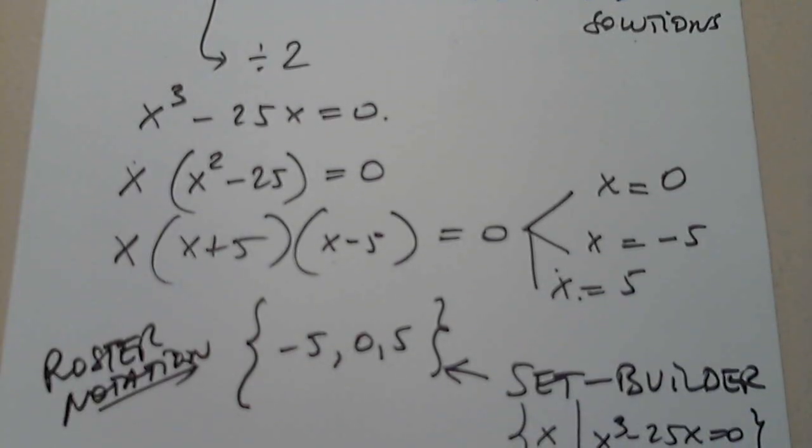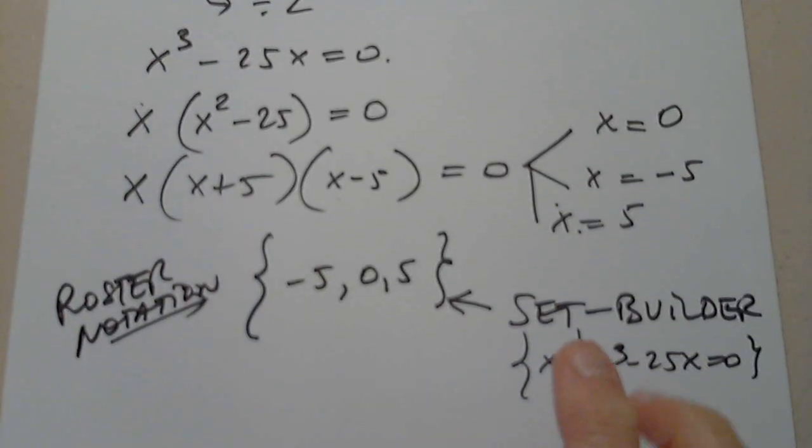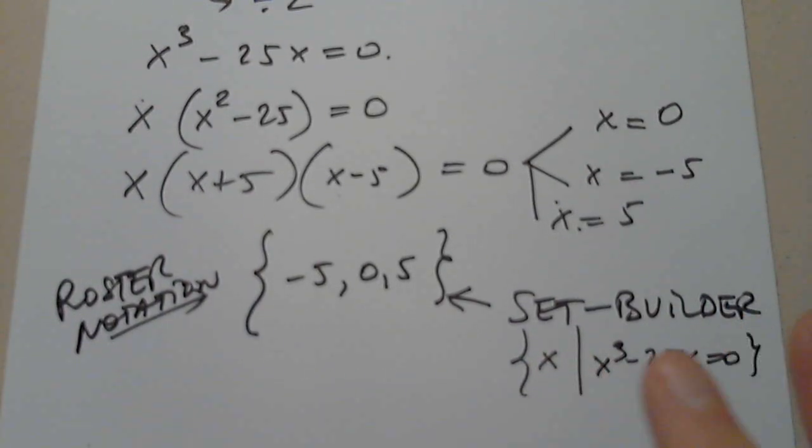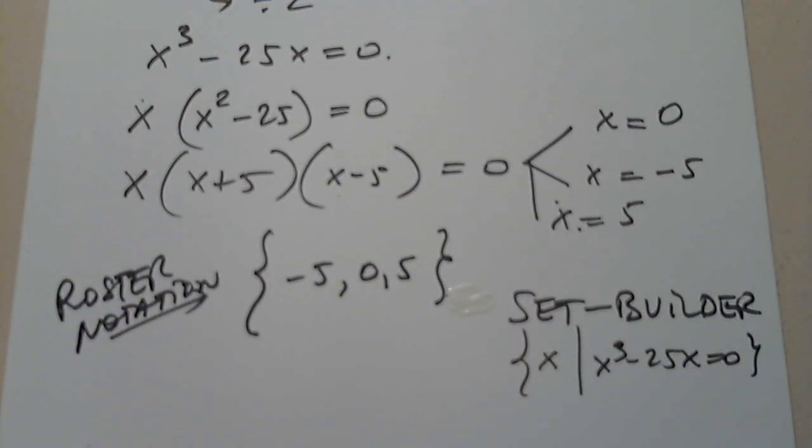The set builder notation emphasizes a property. So the solutions are the x that make this equal to 0. Let me erase the arrow because it's not correct.